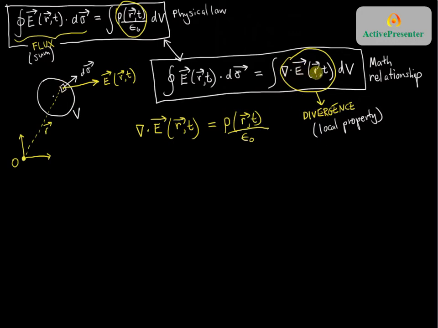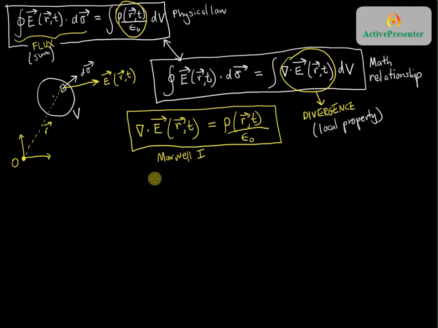It's the divergence of the electric field at a particular place. It's inside the integral. I've now pulled it out of the integral to get to this equation here. Which we'll call Maxwell 1, Maxwell's first equation in differential form.